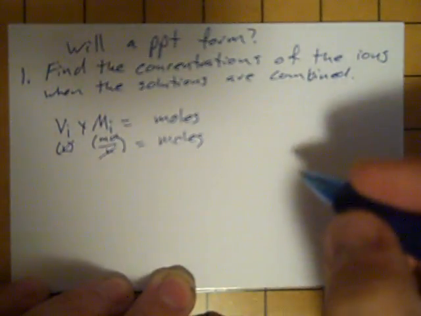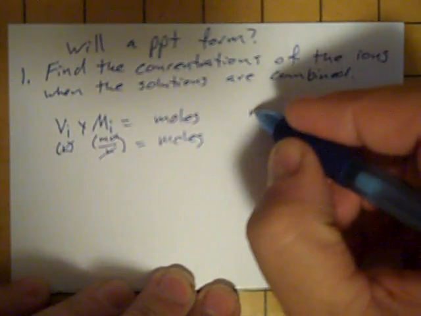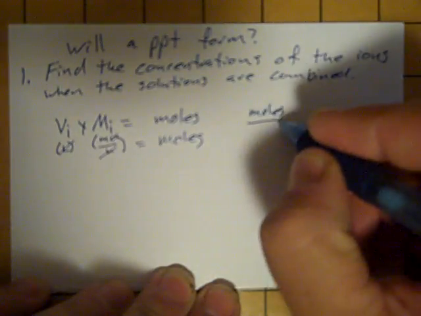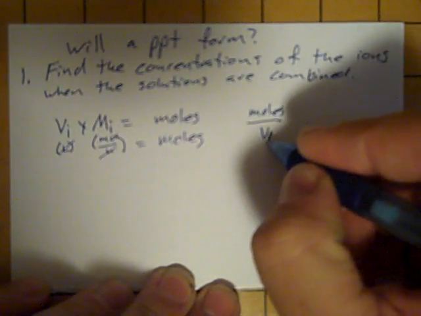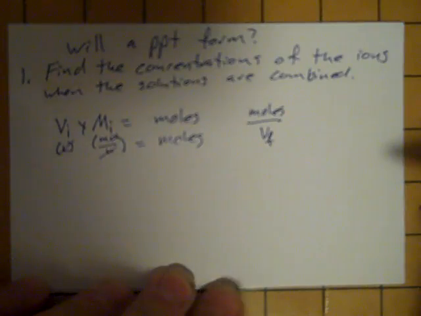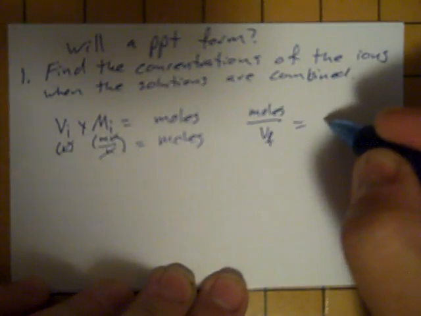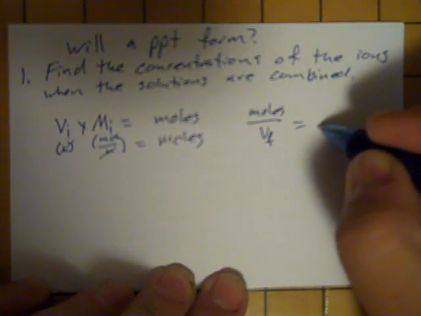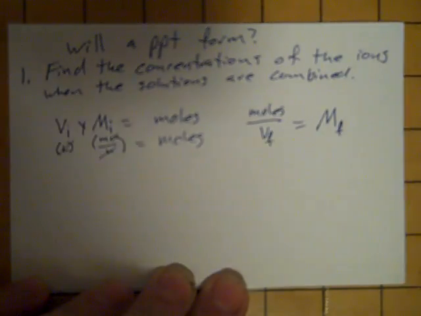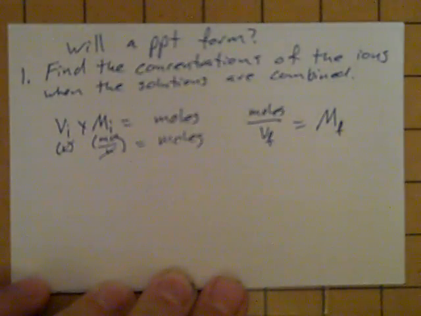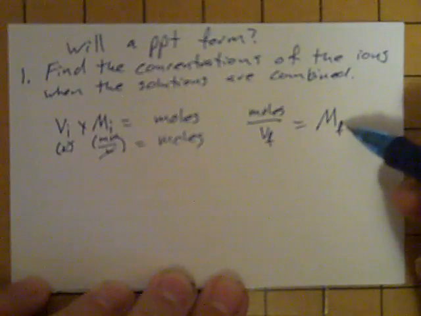Then we took this number and we divided it by the final volume when we combined the two together, and that equaled moles per liter, the final molarity. This is the number we're looking for.